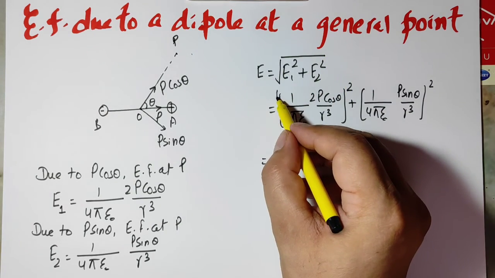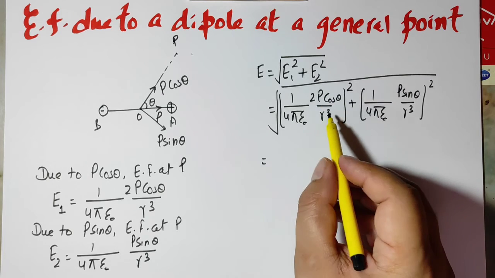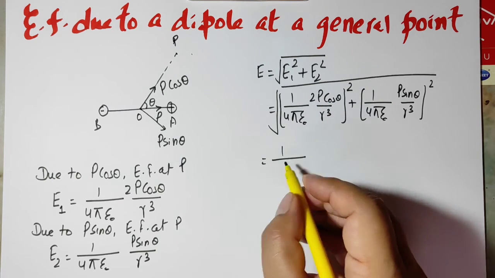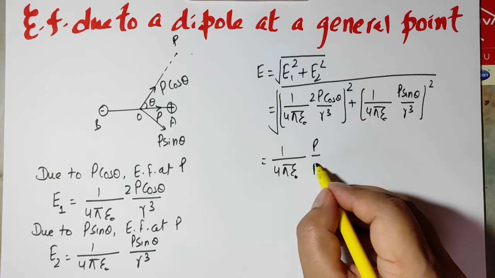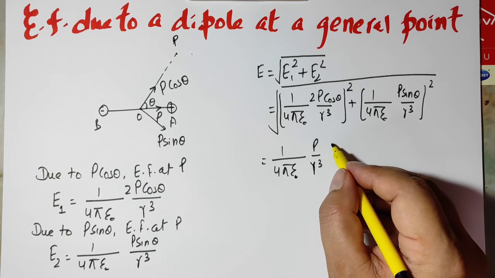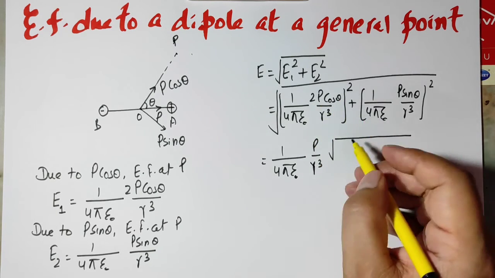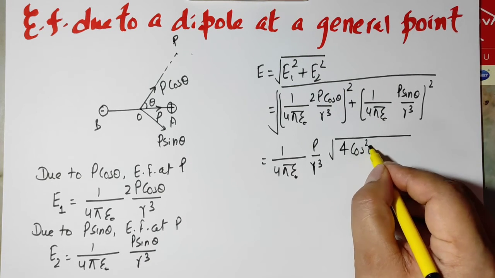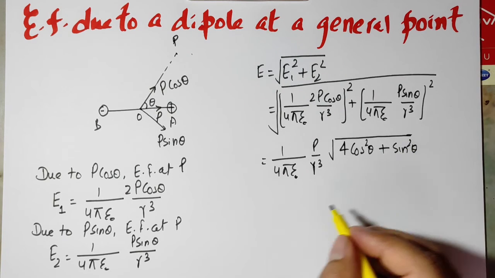Okay, so here it is p square. If you take it out of the bracket, you will have p here. Also 1 upon 4 pi epsilon naught, we have p and we have r cube. And inside the square root, what do we have now? 4 cos square theta plus sin square theta.